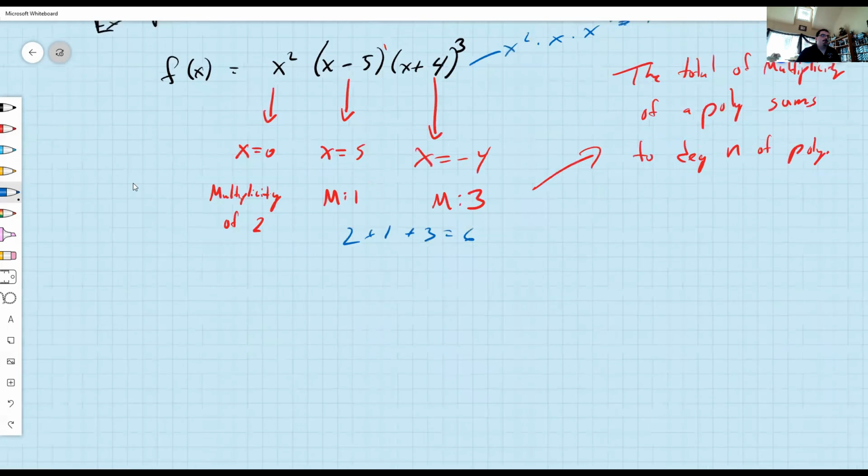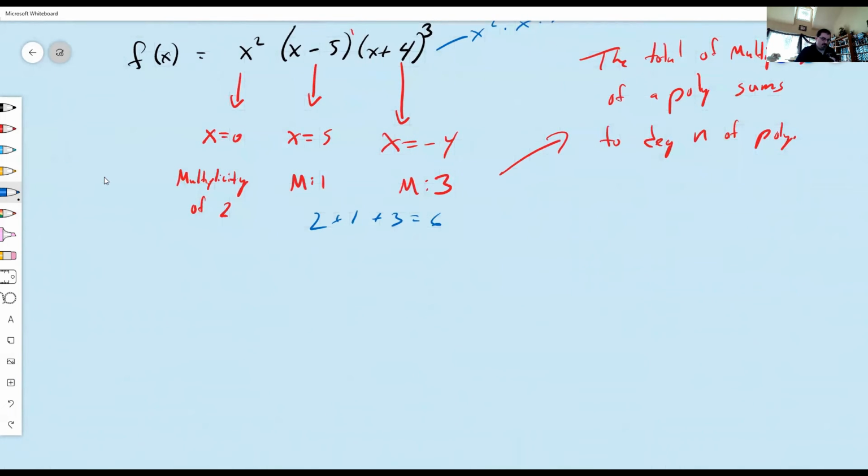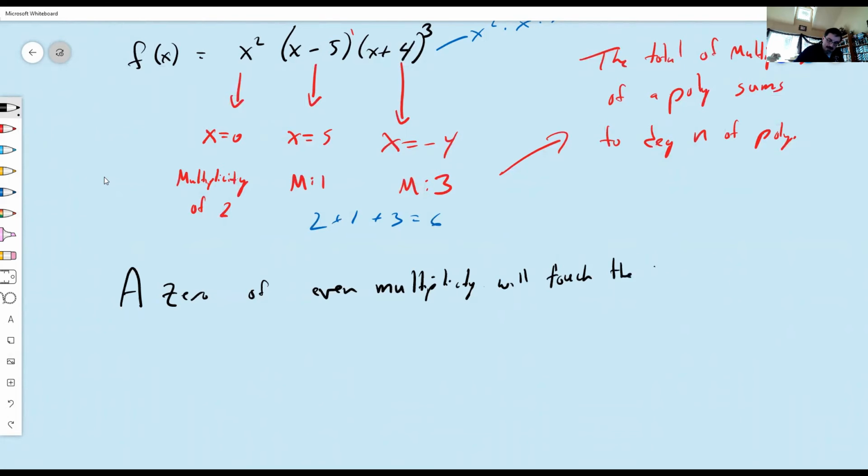So first thing, a zero of even multiplicity will touch the x-axis and turn away.